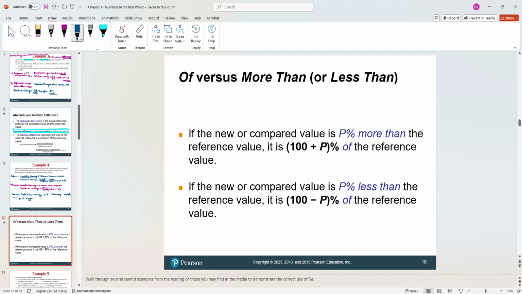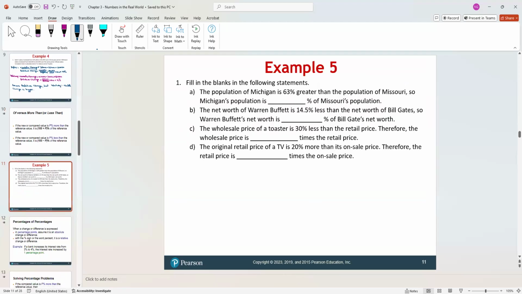That means 100 plus 25, that makes it 125%, so 1.25, right? If the new or compared value is p% less than the reference value, then you subtract it. We have a few examples like this that we can follow.